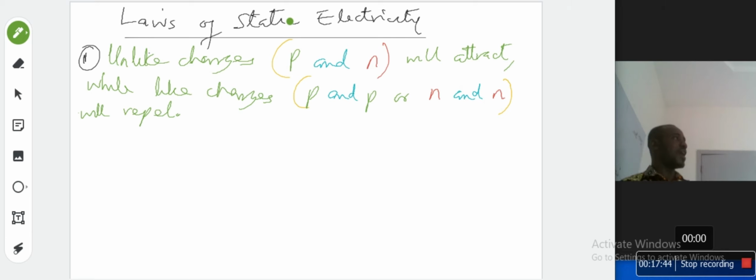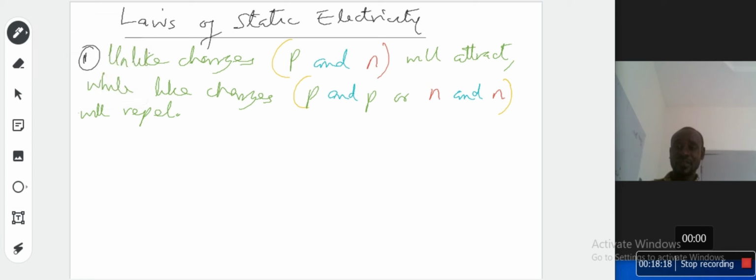You will see that as we continue. That's why you see the laws are related. There's another field force, which is gravitational field. They also behave almost the same way, except that gravitational field is only about attraction. There's no repulsion. When you have two objects, maybe you have a stone, it is attracted to the ground. Okay, let's not go there. So unlike charges, positive and negative will attract, while like charges, positive or negative will repel.